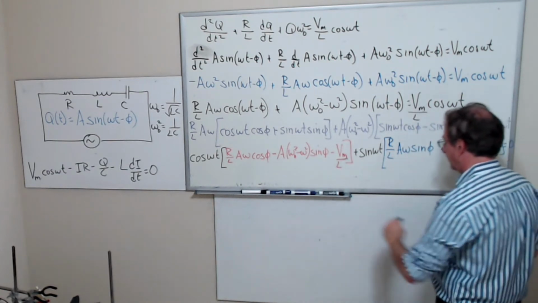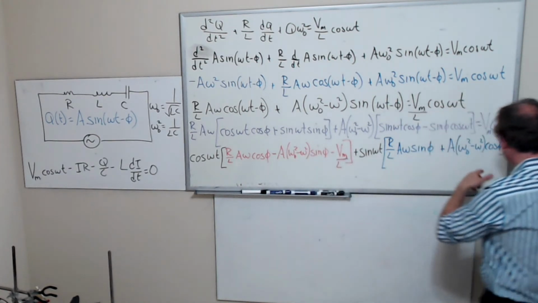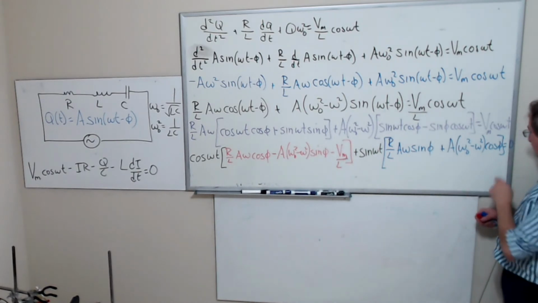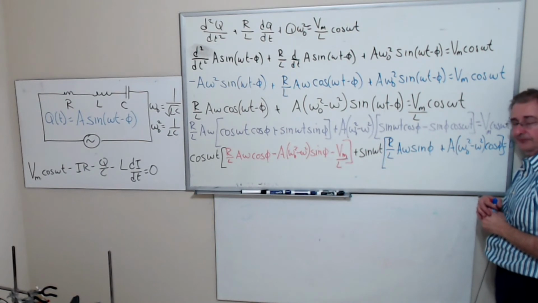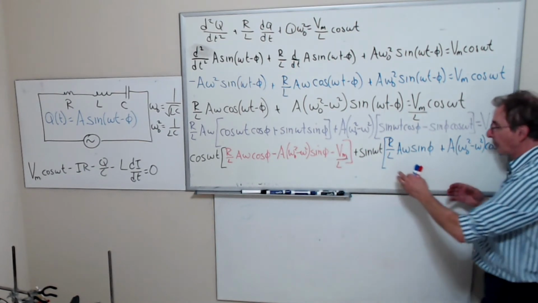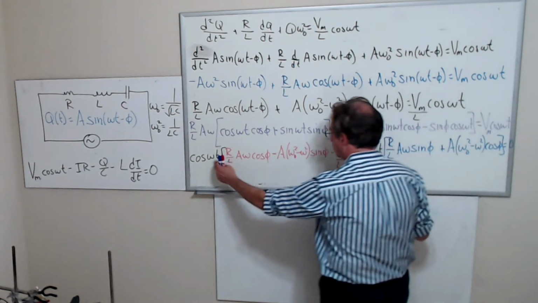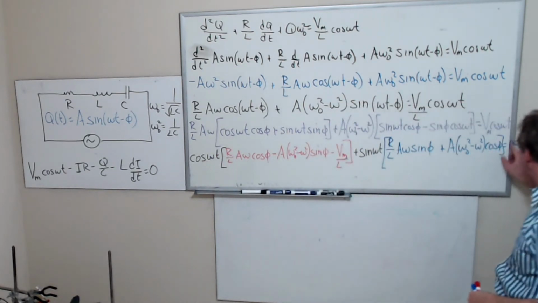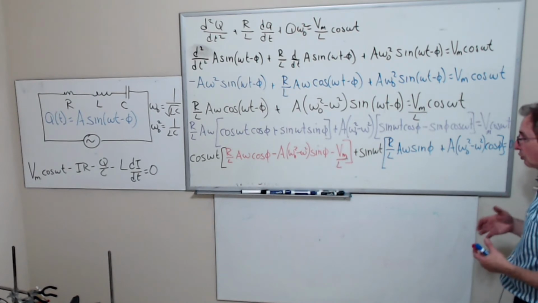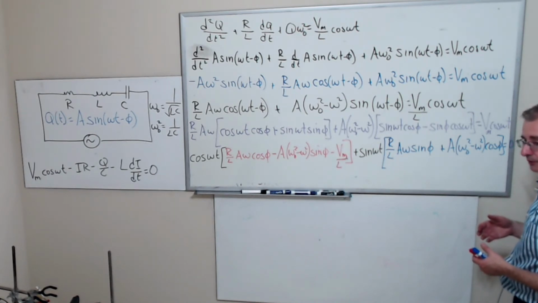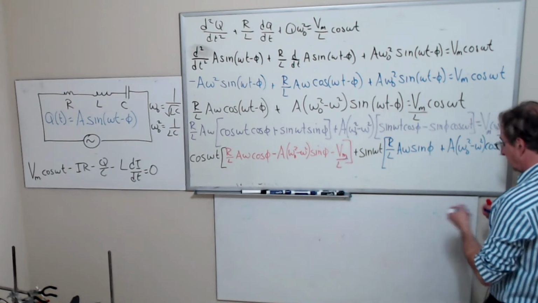Okay. So this whole expression, no matter what value of t is, this whole expression has to be 0. No matter what value of time is, the whole expression always has to be 0. Remember, I moved this to the other side of the equation. In order for this to be always true, in other words, think of the following.